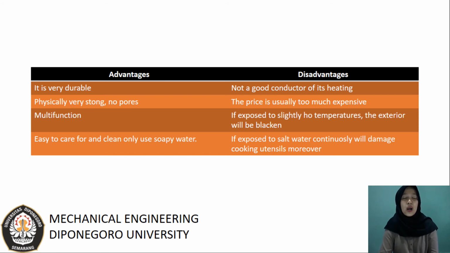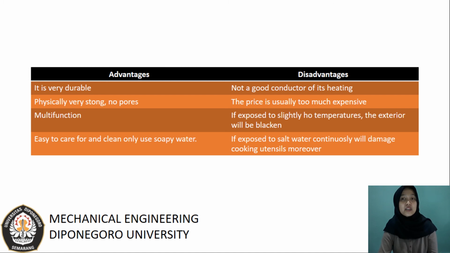It is very durable, which means you don't need to buy similar cookware again because it will not be easily damaged. It is physically very strong, with no pores, and not easy to dent, crack, or leak. It is multifunctional, and easy to care for and clean, using only soapy water, and it still looks luxurious.